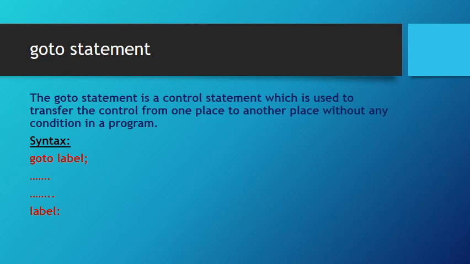And in the given syntax, the label is an identifier. So, when goto label is encountered, the control of the program jumps to the label and executes the code below it. So, this is the purpose of the goto statement.